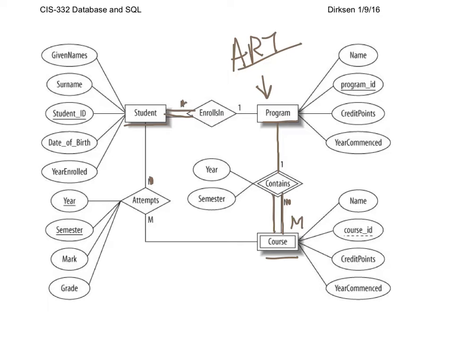But a course, according to this, can only be in one program. How many programs can a student be in? A student can be in one program. But a program can contain many students. A student can attempt many courses.